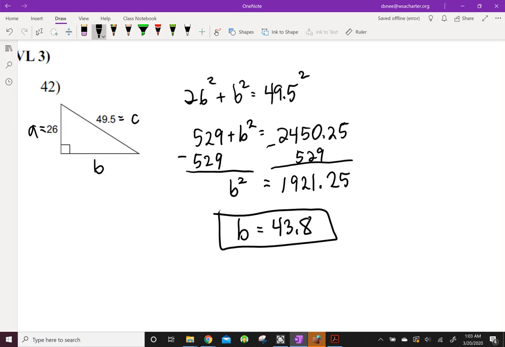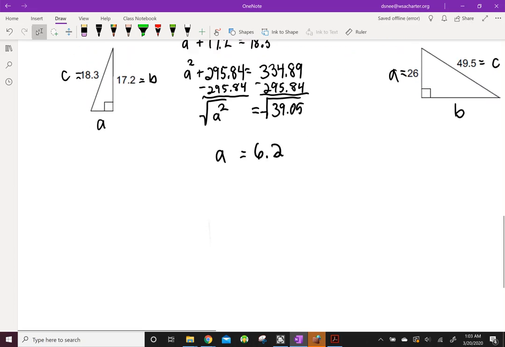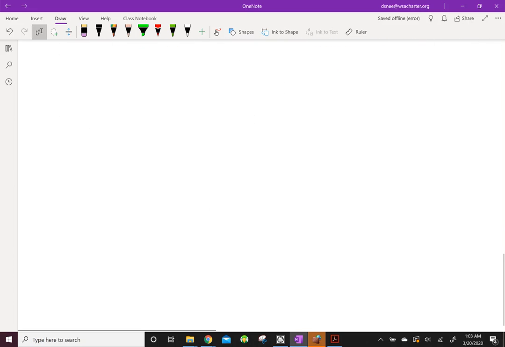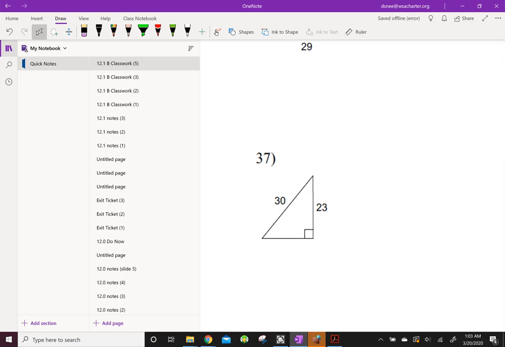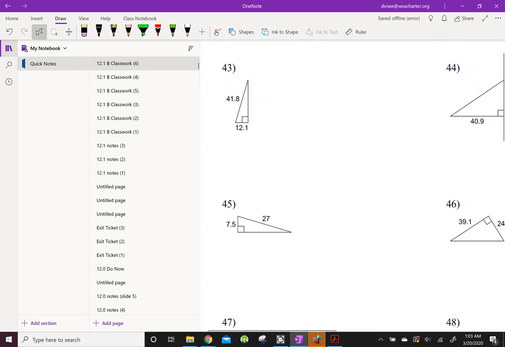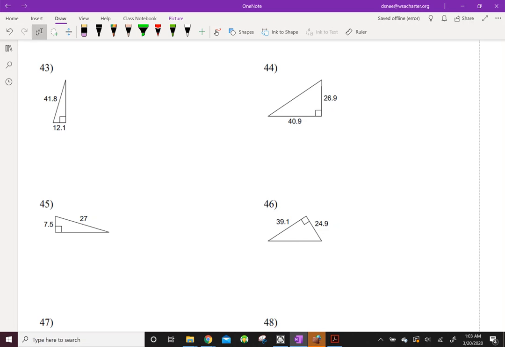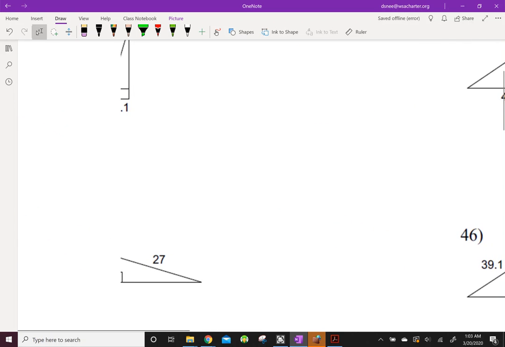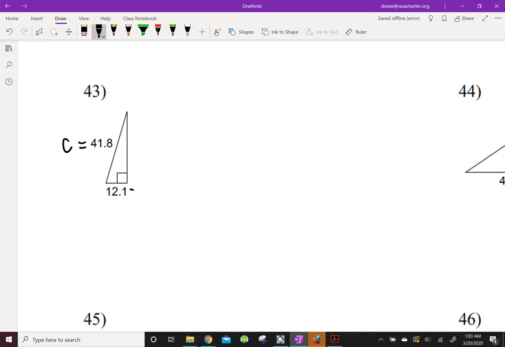And there we go. I'm going to do a couple more of these with you. All right. Couple more. Let's look at this. Opposite of the right angle, find that side.